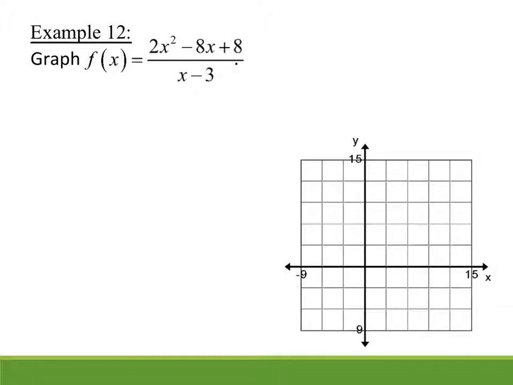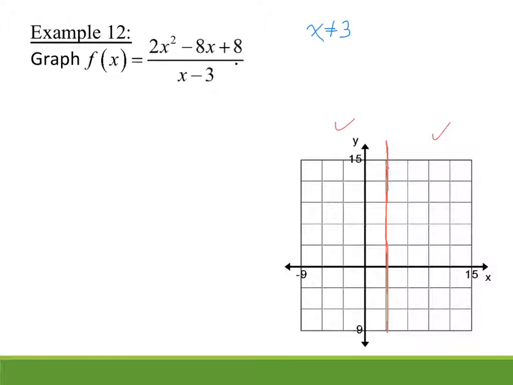Before we do that, however, we know we have at least one vertical asymptote, right? X cannot equal 3. So we're going to put that in. These come in 3s, so we're going to put in our vertical asymptote at 3. And so this breaks the graph into 2 pieces.